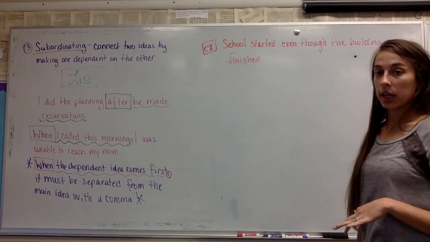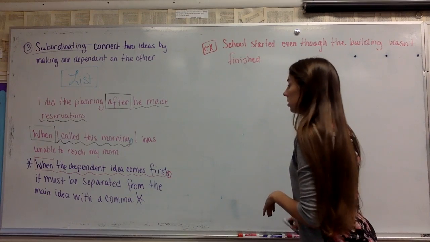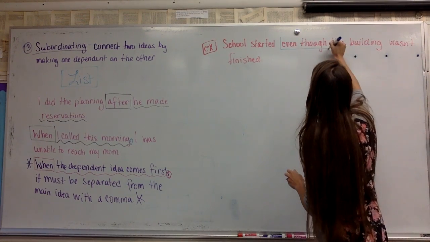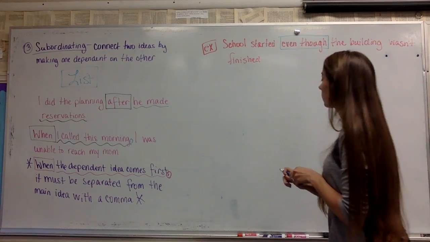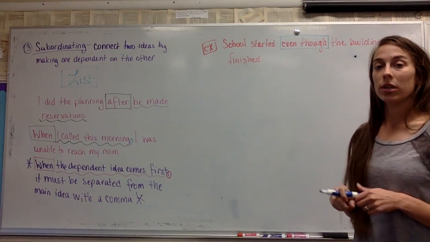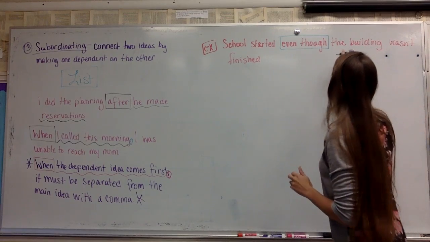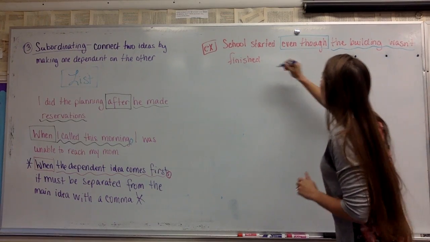So our subordinating conjunction is even though. And then our subordinate clause, our dependent clause that needs something else to make sense, is the building wasn't finished.